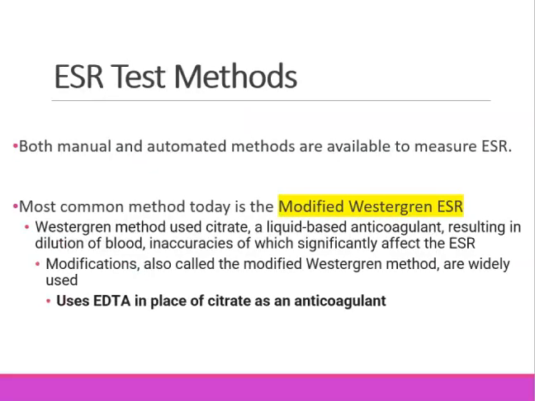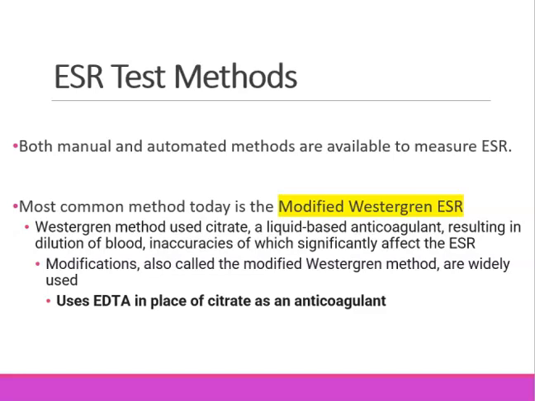There's some different testing methodologies for ESR. There's both manual and automated methods. For ESR, we're going to learn the manual and the automated test in lab. We're going to start out with the manual method. The most common method used today is the modified Westergren ESR test.